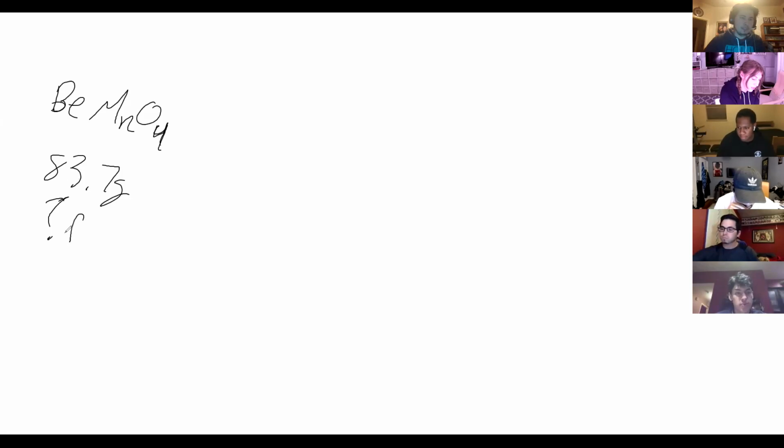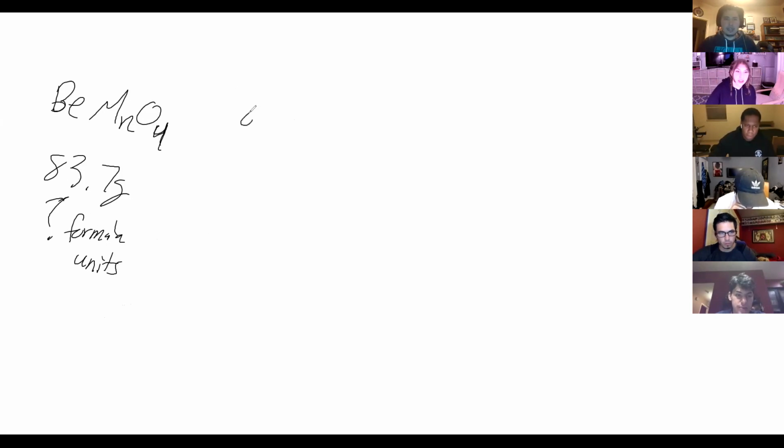And it's asking us for formula units. Technically, you could say it's the exact same answer as C, because if you remember back in the example where I was saying what a formula unit is. So if I look here, how many atoms of oxygen are within this one molecule of beryllium manganate, not permanganate? 4.